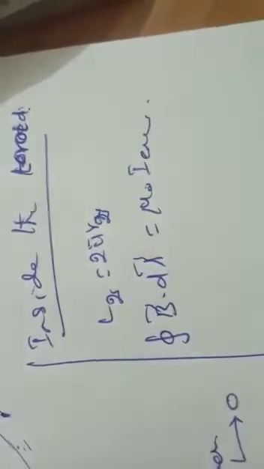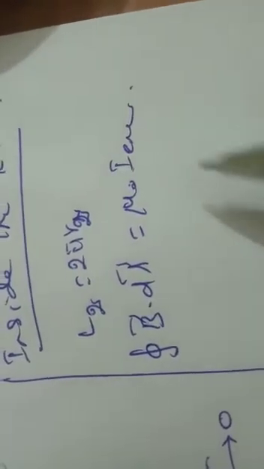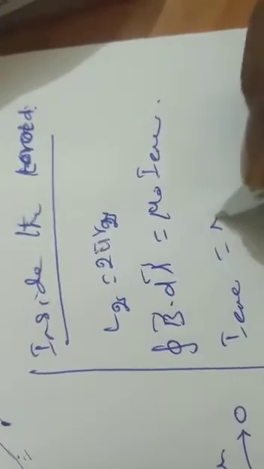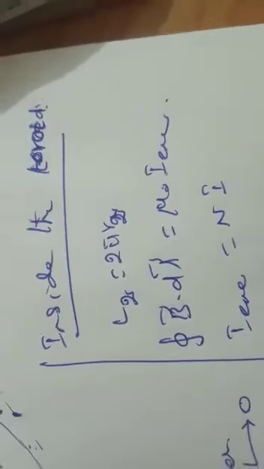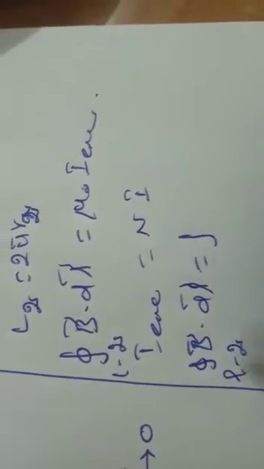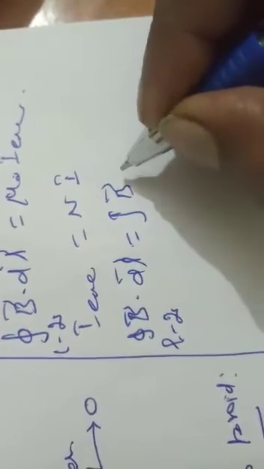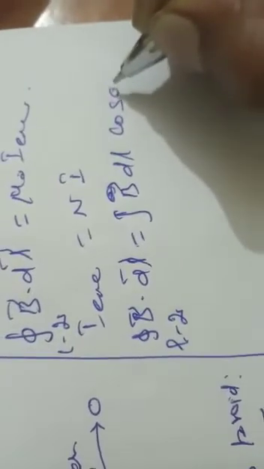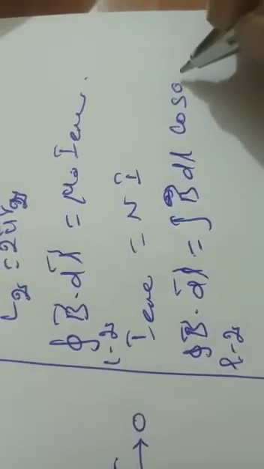mu naught I enclosed. Let I be the current passing through the toroid and N be the number of turns of the toroid. So the total current I enclosed will be equal to N into I. So the integral of B dot dl for this loop 2 is B dl cos theta, where theta is equal to 0, so cos 0 becomes 1.